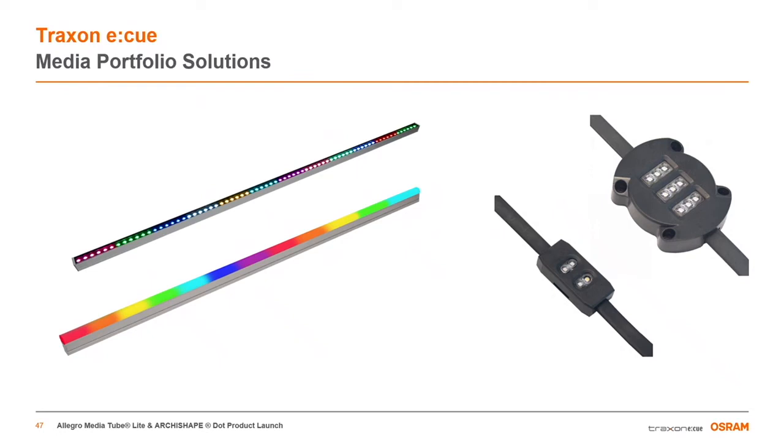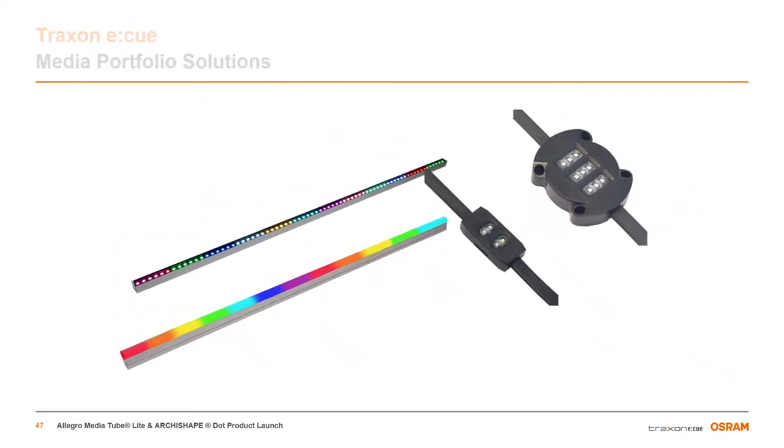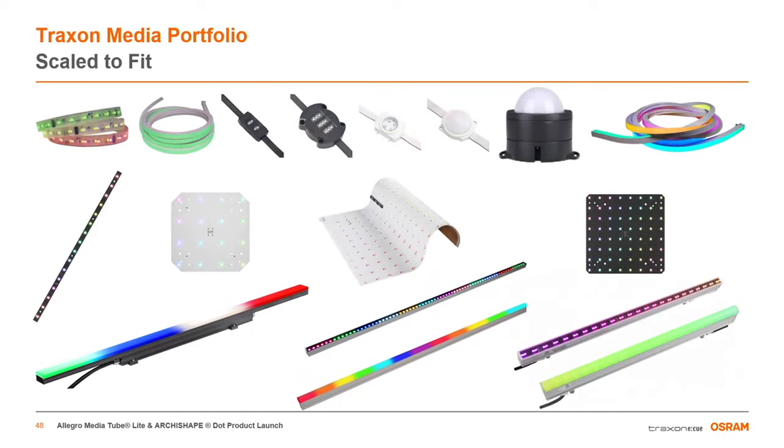And there you are, Allegro Media Tube Lite and ARCHISHAPE Dot 2.0, the 2 latest additions to our broader Traxon media portfolio of products, and specifically adding some solution sets that simplify the features while expanding affordability, so making this accessible for many, many more potential projects.